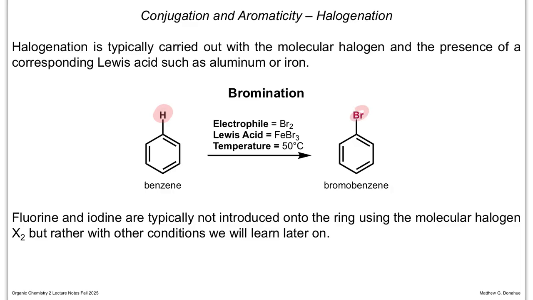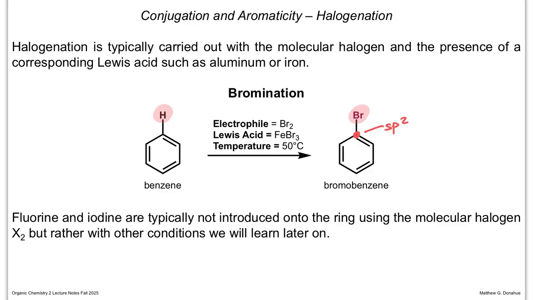So for bromine, Br2, iron tribromide, we get a bromine in there. What I want to point out, kind of as a nugget of information here, we remember from organic 1, bromine's typically a good leaving group for SN2, but in this scenario, it's bonded to an sp2 hybridized carbon.